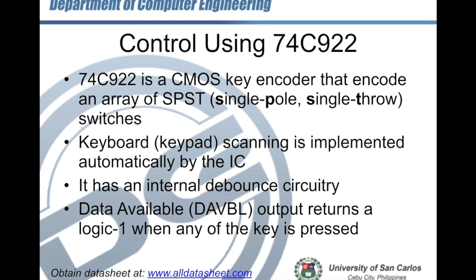That is very convenient, as the microcontroller does not have to do that. It has an internal debounce circuitry that eliminates the switch bounce for all 16 keys. The data available output returns logic 1 when any key is pressed, which is a useful signal to the microcontroller that indicates a key is being pressed.